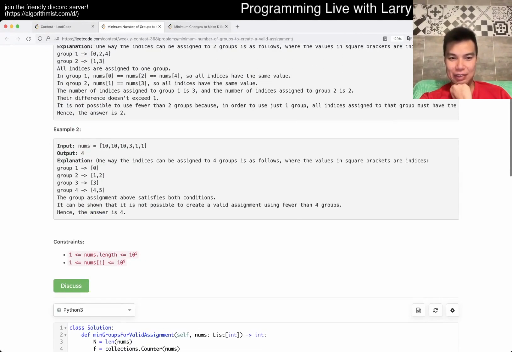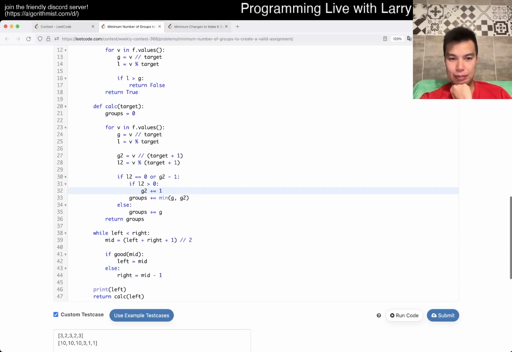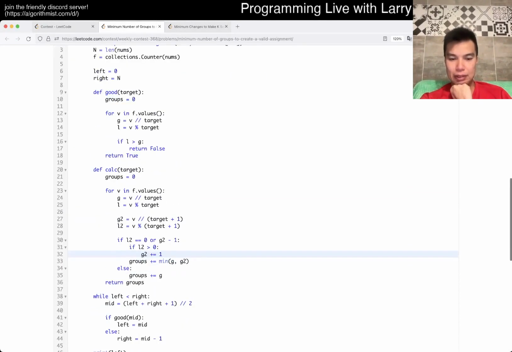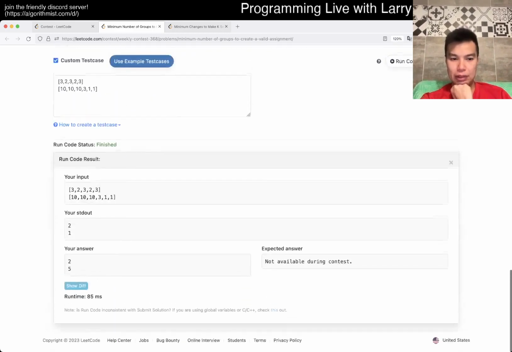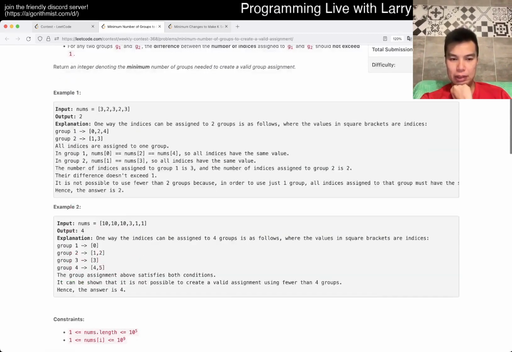So this one we want to try 2. So 2, just remainder is by 1, right? But that also means a group, so then that means 2. So 1, we try to do 2.